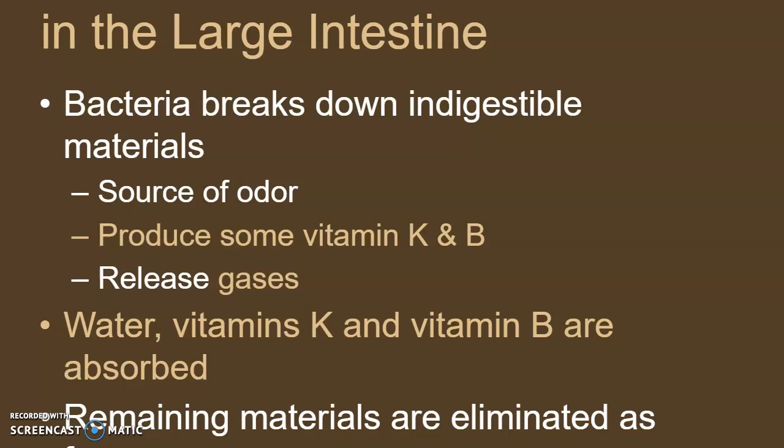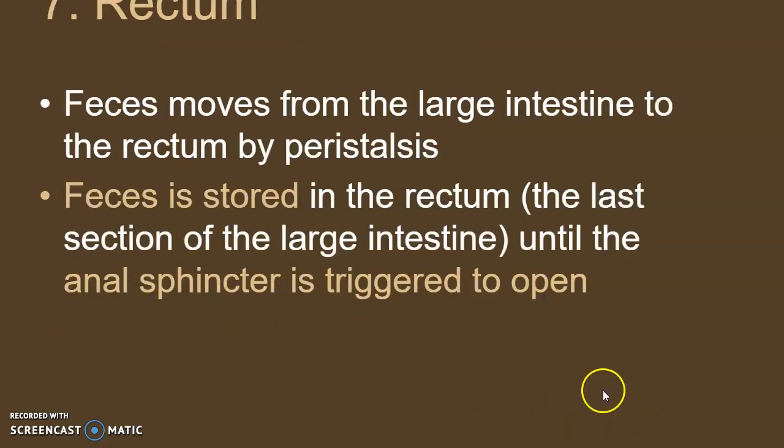So once that water and those vitamins, vitamin B and vitamin K, have been absorbed into the bloodstream right through the walls of the large intestine, the remaining materials are eliminated from your body as feces. They move from the large intestine into the rectum, which is just the last end part of the large intestine, by peristalsis.